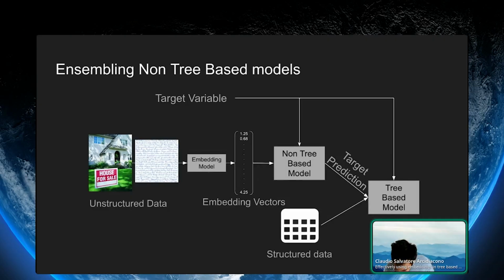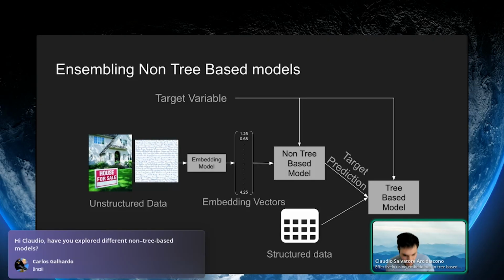All right, let's see if there are other questions. Maybe explore different non-tree based models. For this specific use case, yes. What we did, essentially, when you have embedding data and you have a non-tree based model, you can try different non-tree based models, and using cross validation you can already assess the performance of different non-tree based models, because here we have your train data and here you have the target variable.